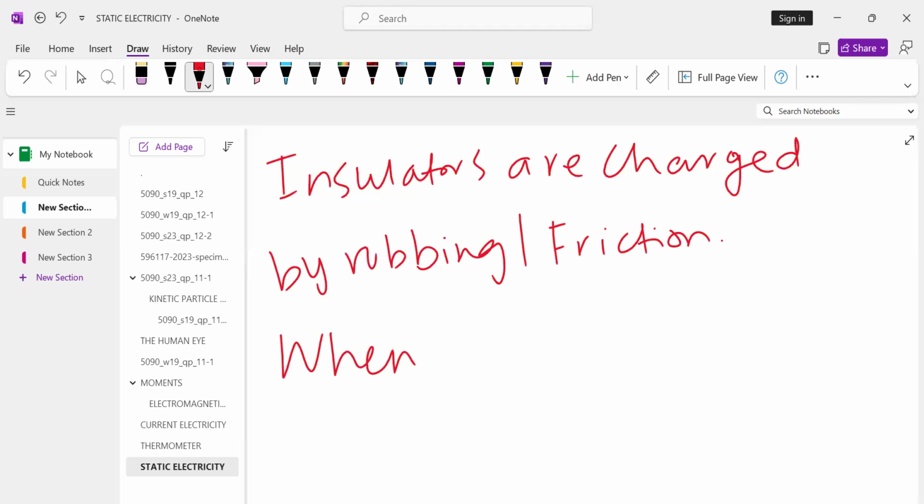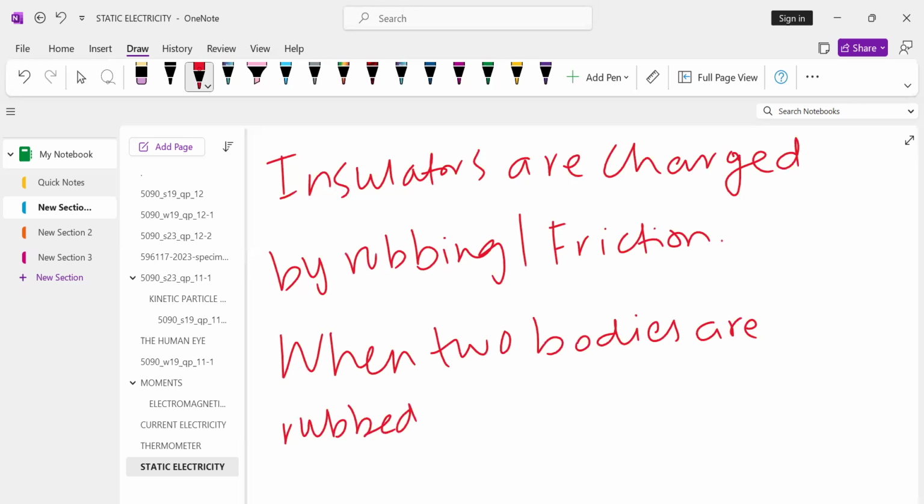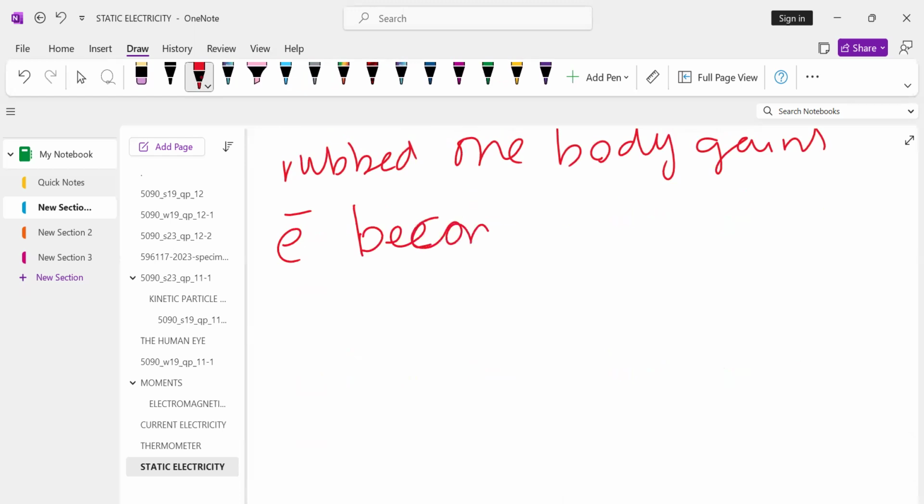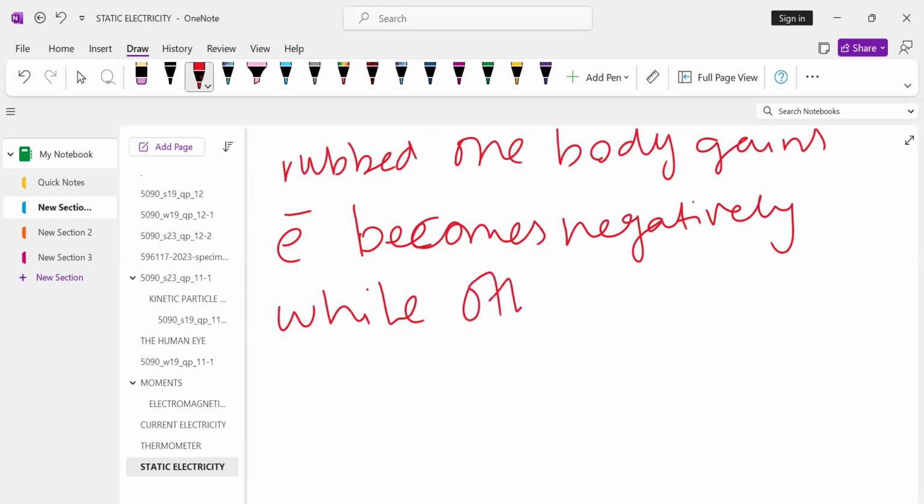When two bodies are rubbed, one body gains electron, I'm adding electron in short form E negative, and becomes negatively charged, while the other body loses electron and becomes positively charged.